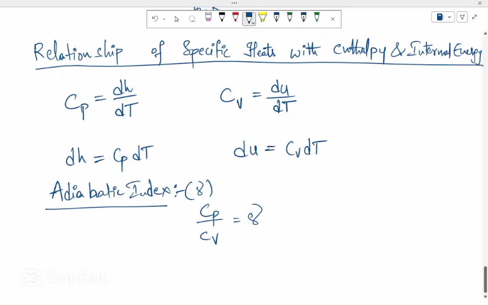This value will vary based on your gas. For example, if you take air, this gamma value is 1.4.